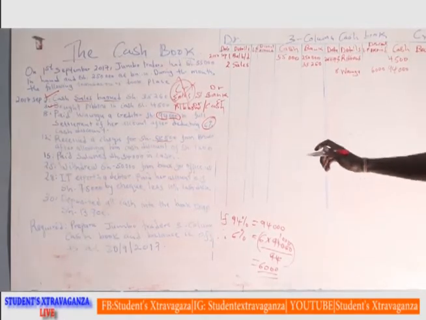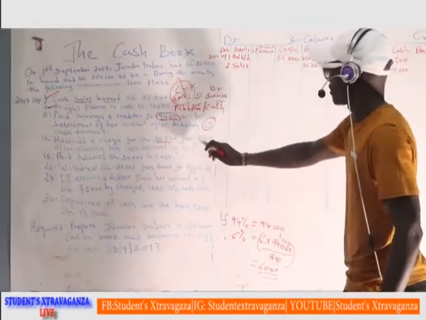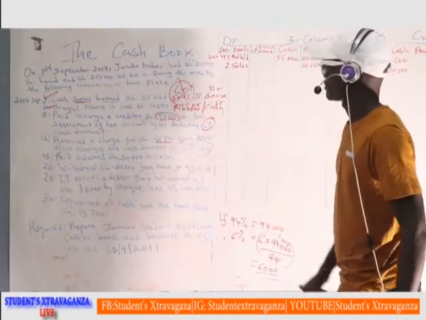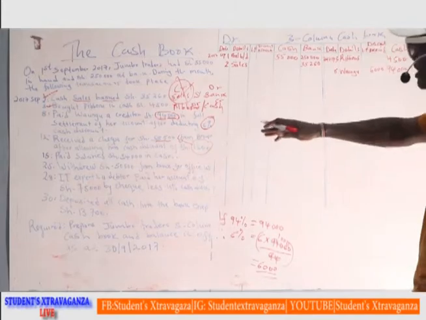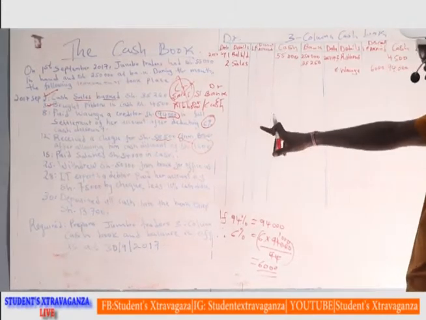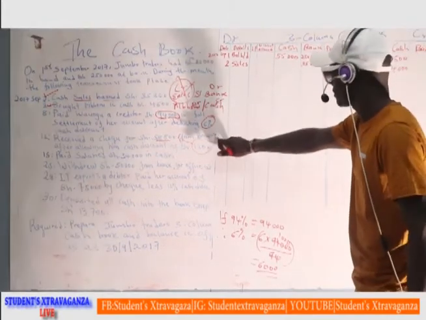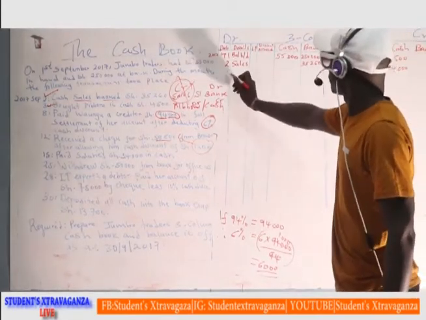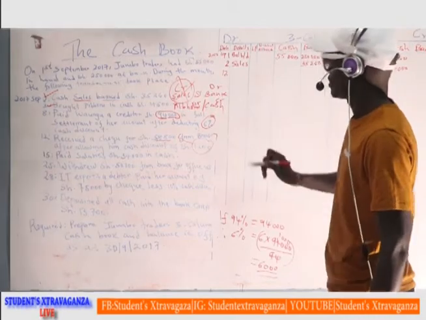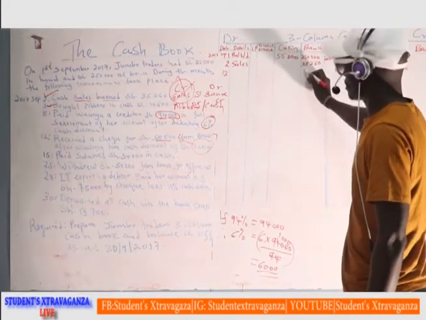So we are going to deduct this from this to get the cash that he received. So received a cheque for 58,800 that Brown owed. This one received on 12th. We are going to record it there because it is bank.